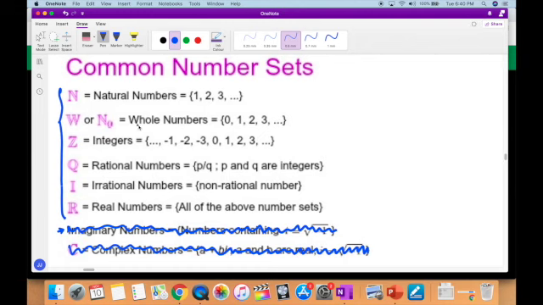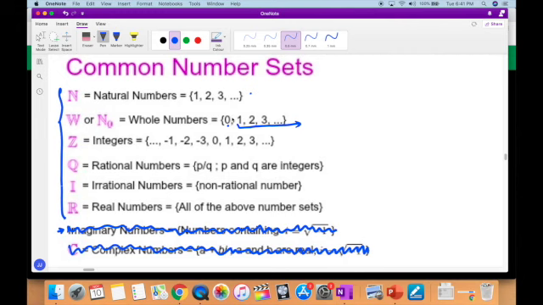Whole numbers, well, look at that. Whole numbers have all of the natural numbers in it, but whole numbers include 0. You notice natural numbers do not include 0. So don't make that mistake.